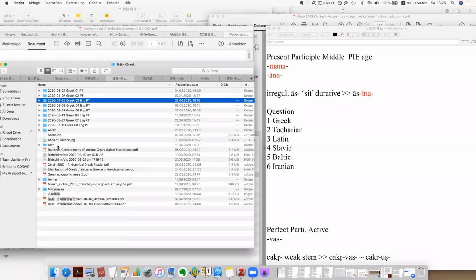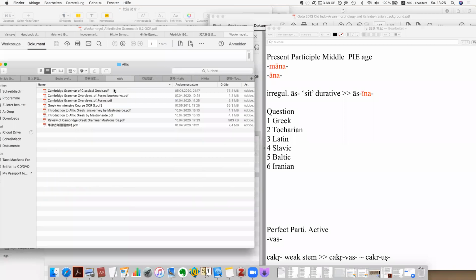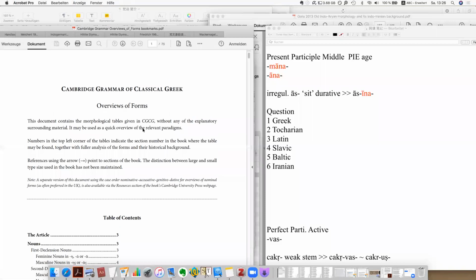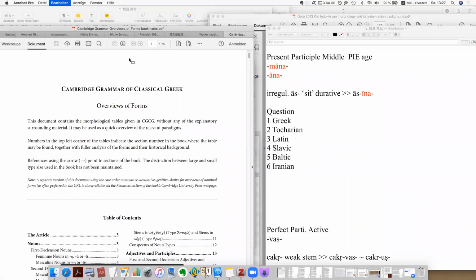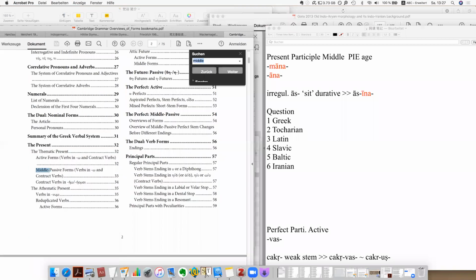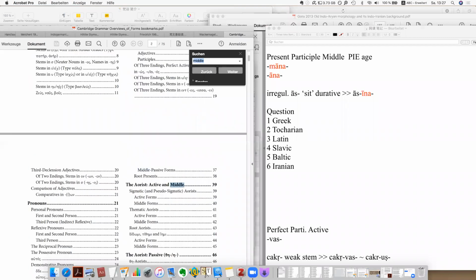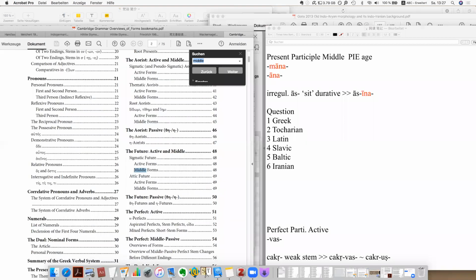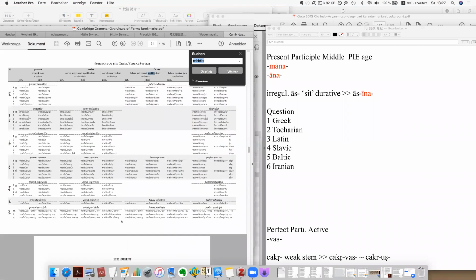You find it almost in every Greek textbook. So probably we can check these forms. So let's search probably middle participle. It's not a middle participle, right?